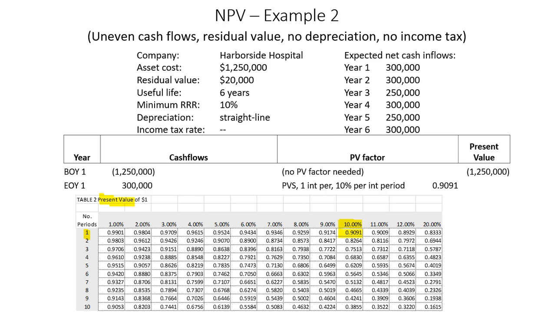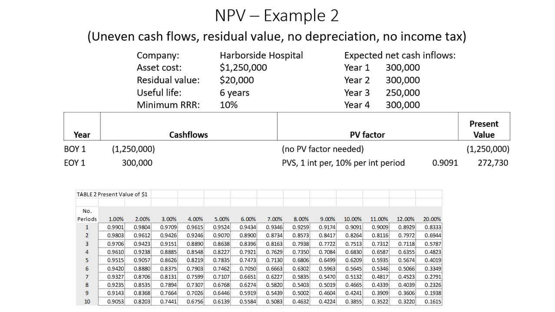Multiply the cash flow amount, $300,000, by the factor, 0.9091, and the present value is $272,730. The difference between the $300,000 and the $272,730 is interest. 1 year's interest at 10%, which we just eliminated from the cash flow.